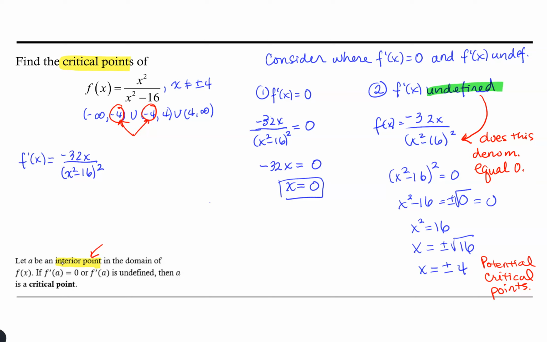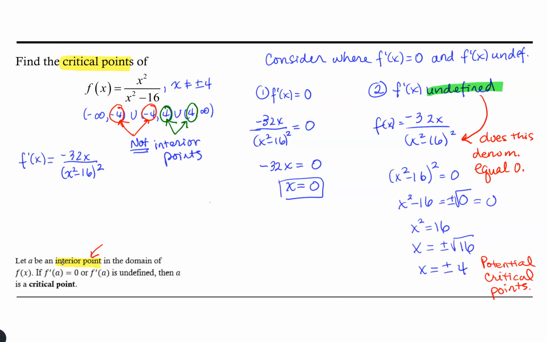And +4 is on the right boundary of the second interval and on the left boundary of the third interval. The point being, these are not interior points. And since they are not interior points, they cannot be critical points.